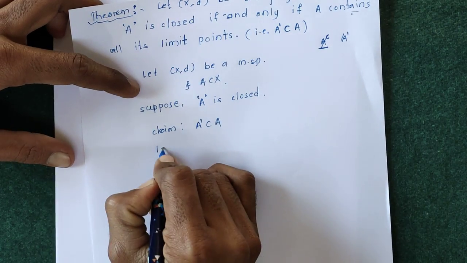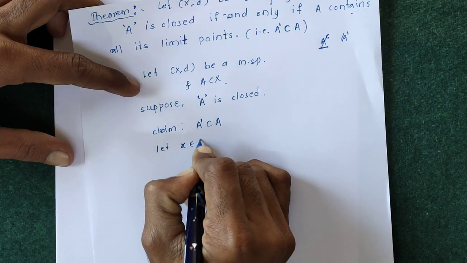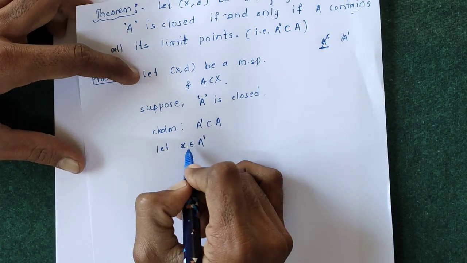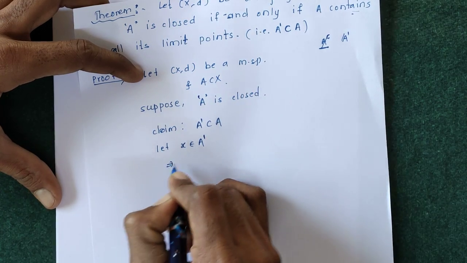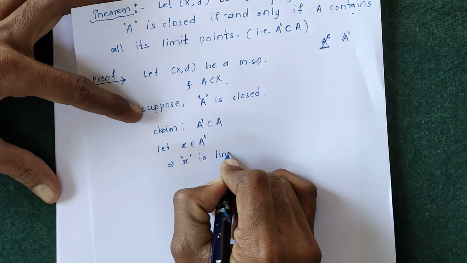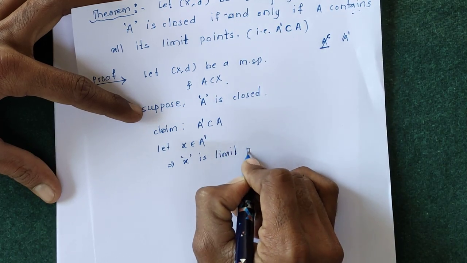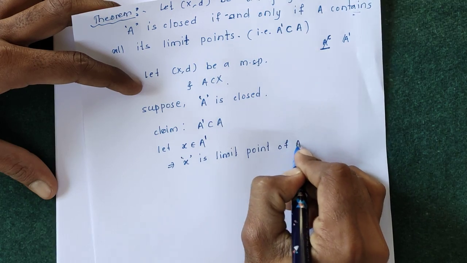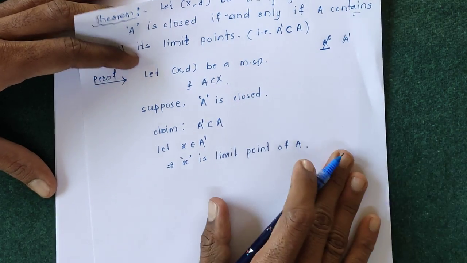Now let x belong to the set of limit points of A, that is, x is a limit point of A.